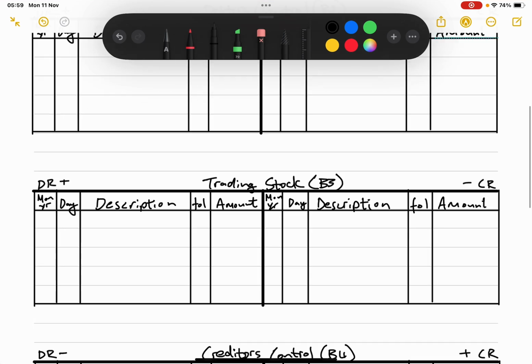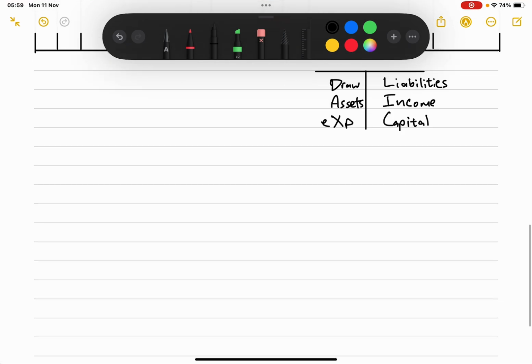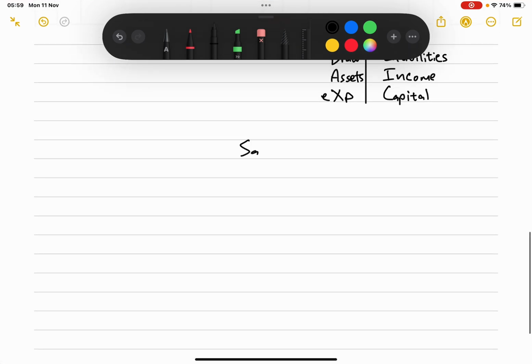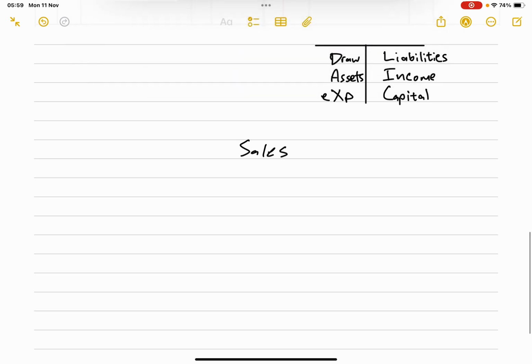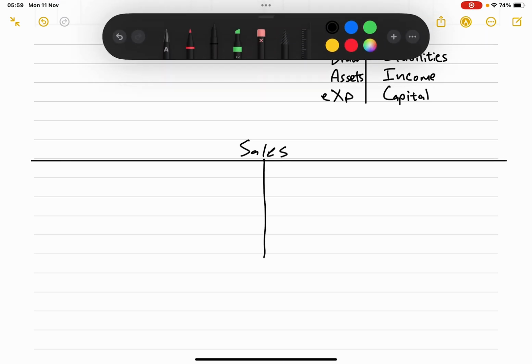Whereas the nominal, you just total it. So for example, sales, you will have your T account and that's all good and well. But you'll have a balance brought forward, for example, and then you'll have an amount, let's say 9,000, and then during the month, let's say you have 1,000 that's contributed to, let's say, bank.